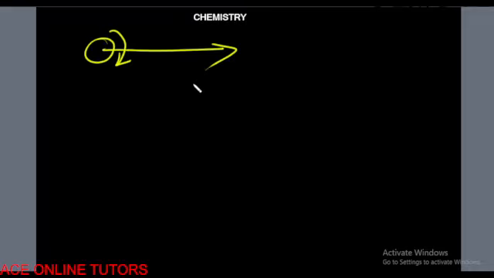They can't leave that particular position and move to another position. They can vibrate, they can rotate. That means they can turn, they can go to and fro, but they cannot leave that position.